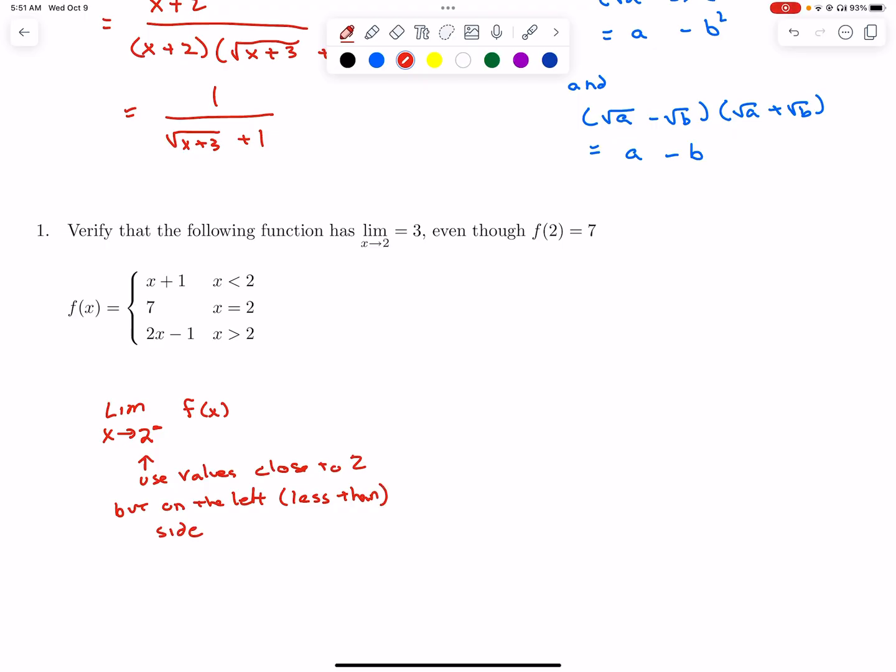And that means I'm going to use the version that is for x less than 2. So plugging 2 in, I have 2 plus 1, which is 3. The left limit is 3. What about the right limit? Coming at it from the bigger side, we have 2 times thingy minus 1. And again, the thingy that I'm plugging in is this value that I'm testing. And it's also 3.